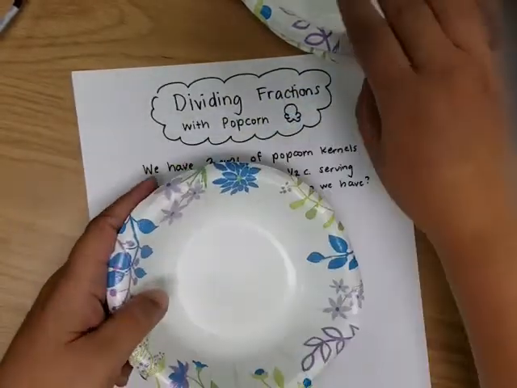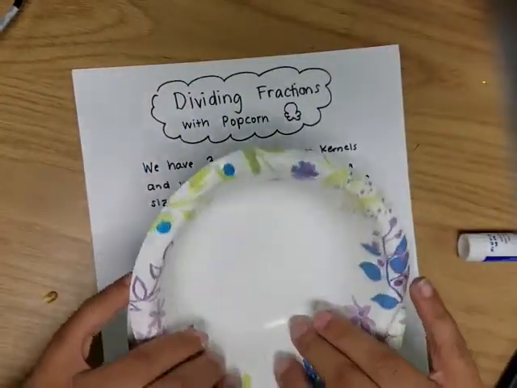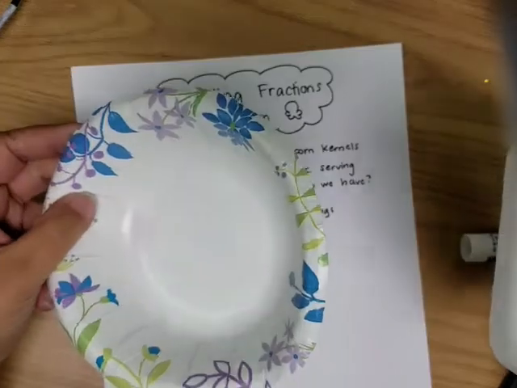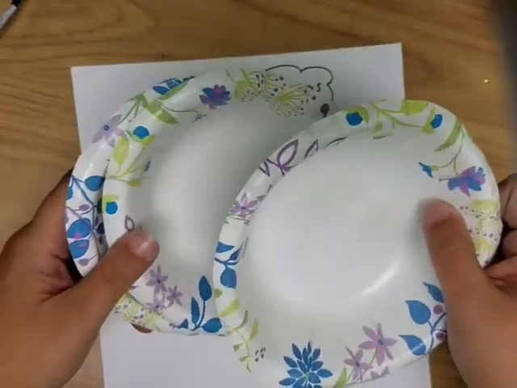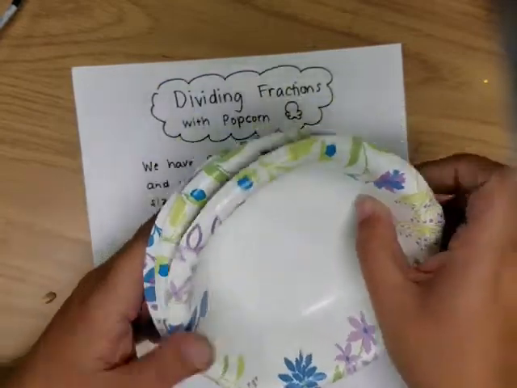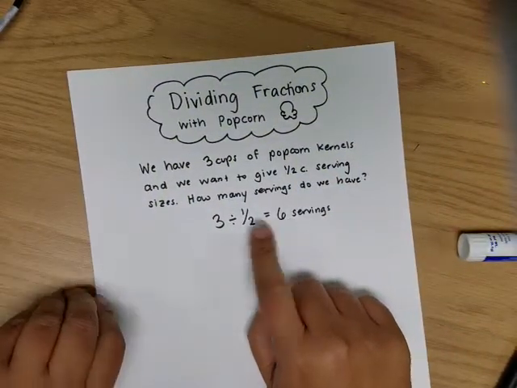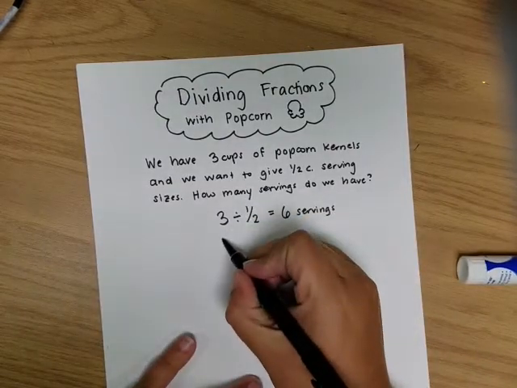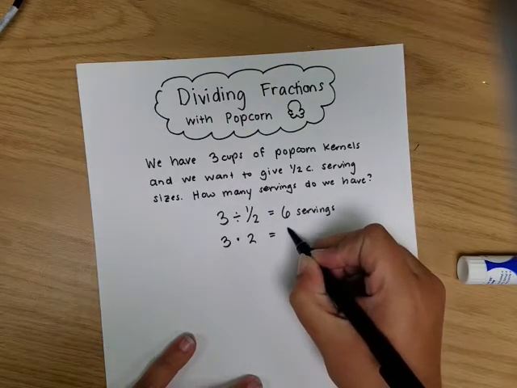And I've got 1, 2, 3 bowls. So that's 2, 4, 6. Or an easier way is 3 times 2. So what we're saying is this, that 3 divided by 1/2 gives us 6, but 3 times 2 also gives us 6.